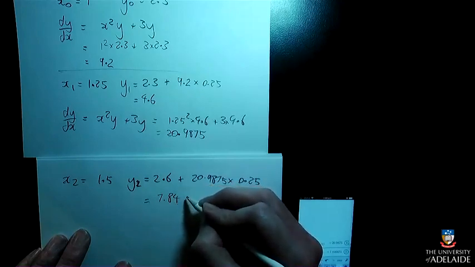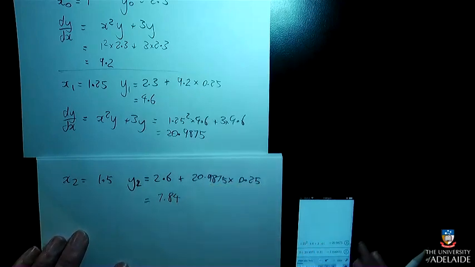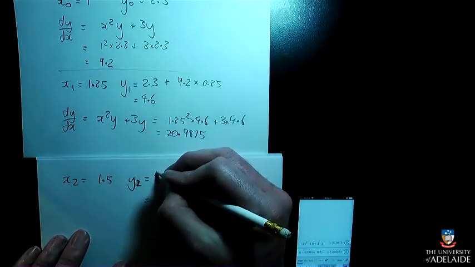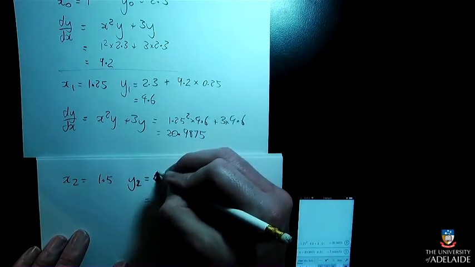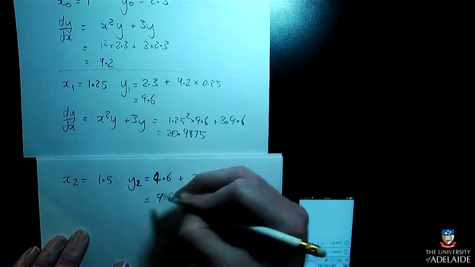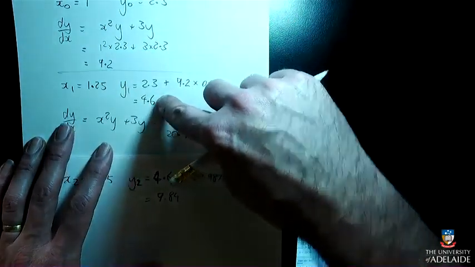Sorry, where'd the 2.6 come from? Oh, sorry, 4.6. Well done. I don't know why I read this 2 and that 6 by the look of it.